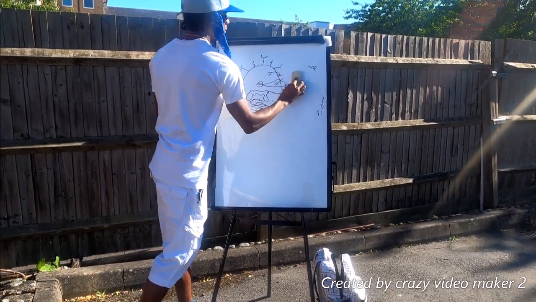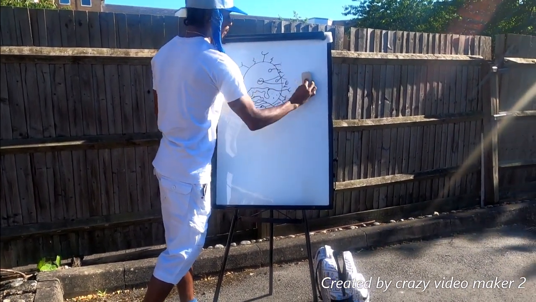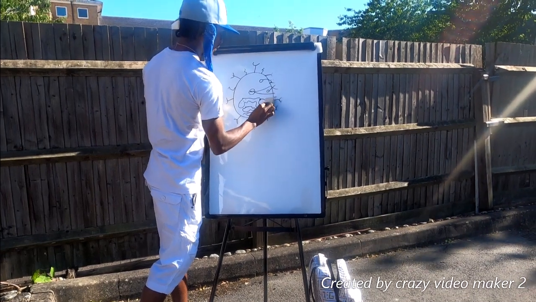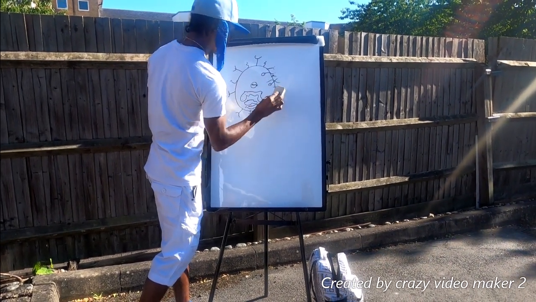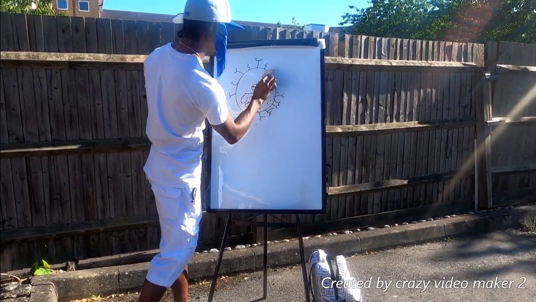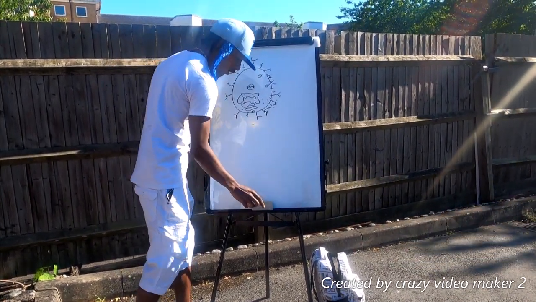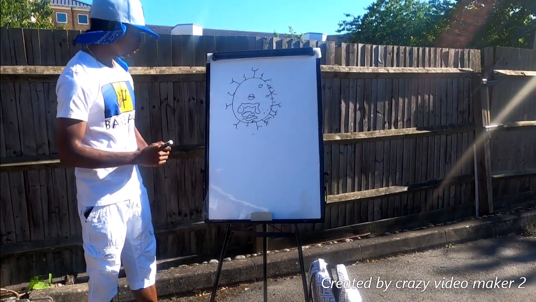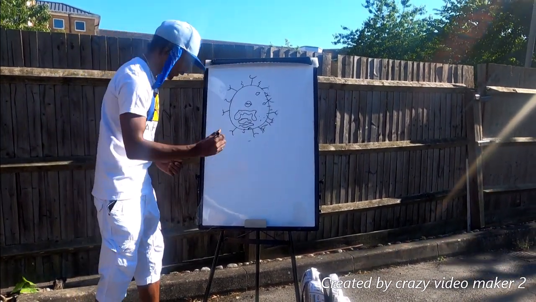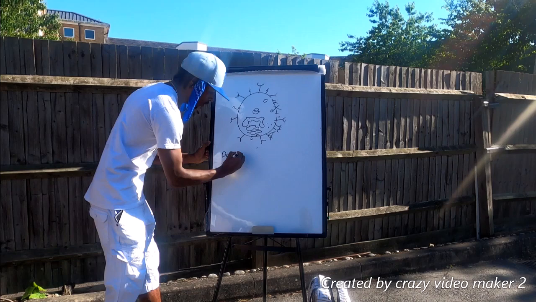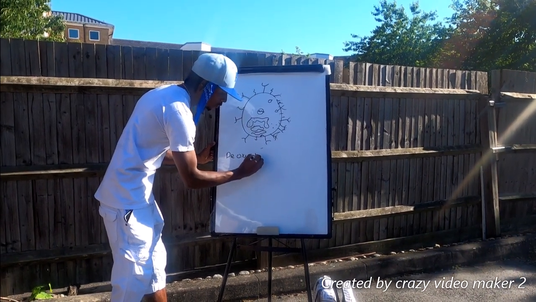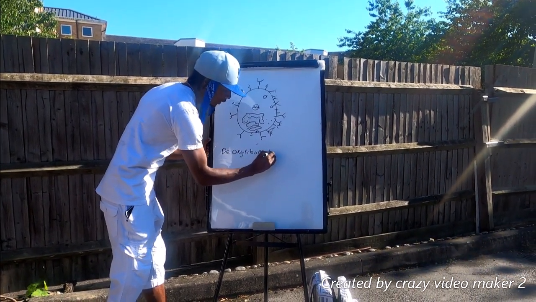Okay. So I'm going to break down DNA and RNA. Yeah, let me just rub out a couple of things. I'll keep it up there. So I'm going to break down DNA and RNA. DNA is short for deoxyribonucleic acid, yeah?